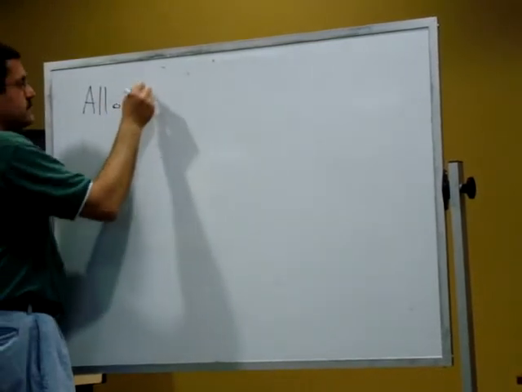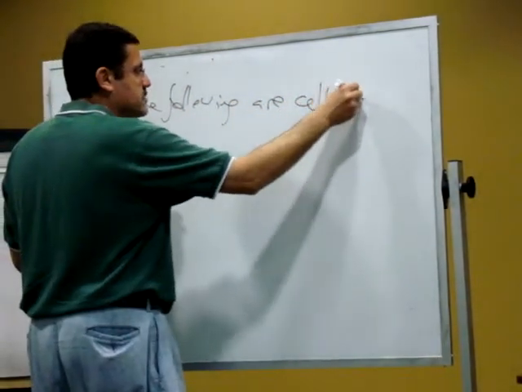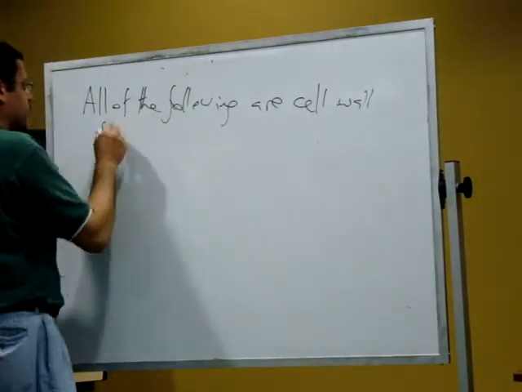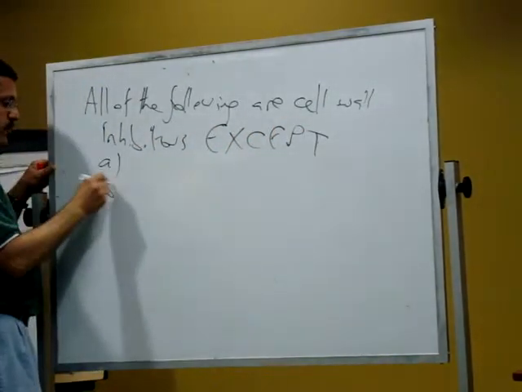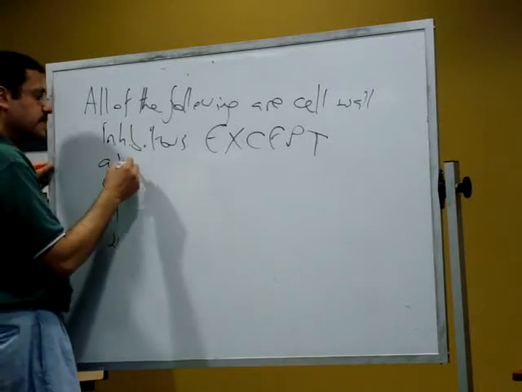So for example, with cell wall inhibitors, don't worry about which step, or how bacteria make their cell wall. But please know which are cell wall inhibitors. You are going to get questions like this.